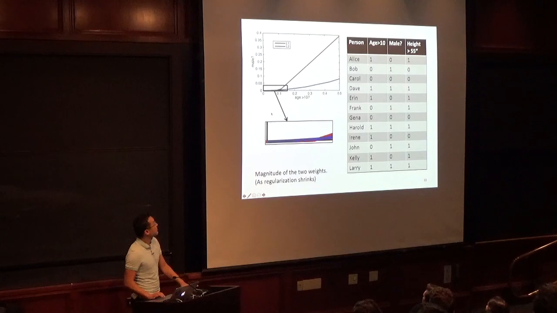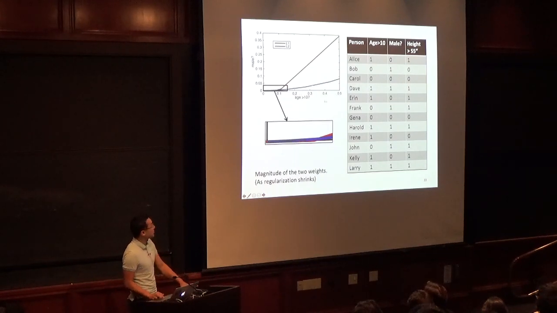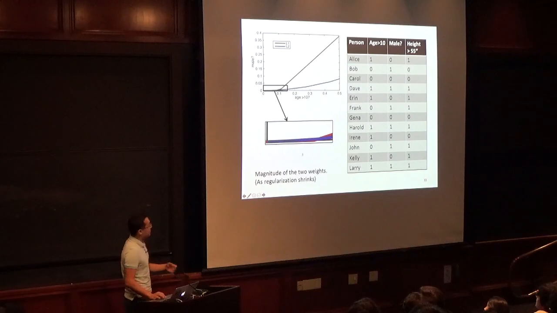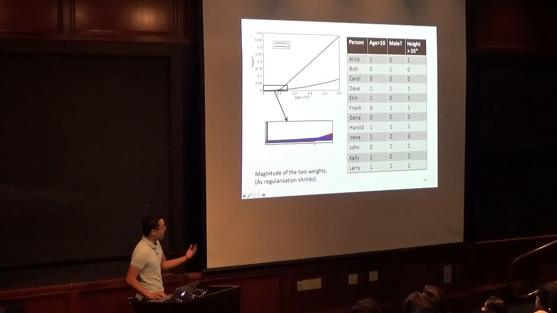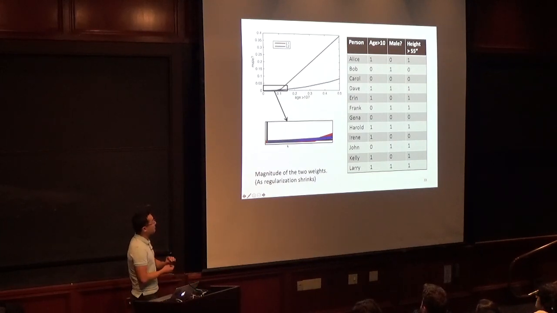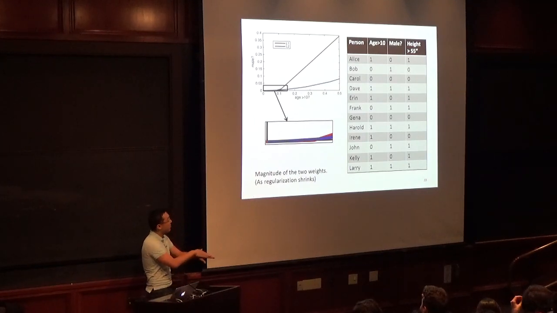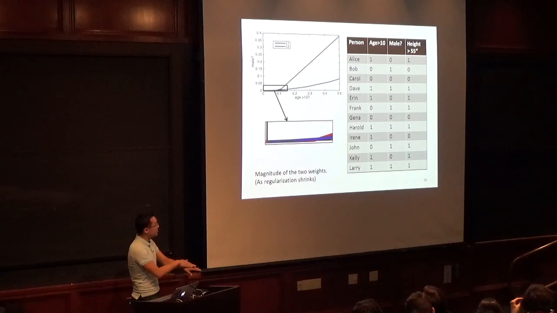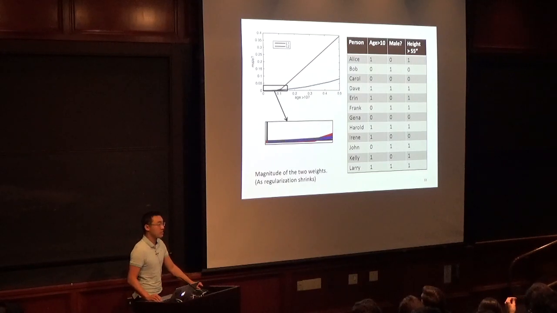As lambda changes, the W looks like the red line for L1 regularization, and the W looks like the blue line for L2 regularization. It's a little bit hard to see, but it will be clearer in a different example. But you can see here that there comes a point where this red line is exactly 0. Whereas for L2 regularization, as you increase lambda, the W gets closer and closer to 0, but is not exactly 0. But for L1, it exactly goes to 0 because it goes to the corner of the boundary of the model class.